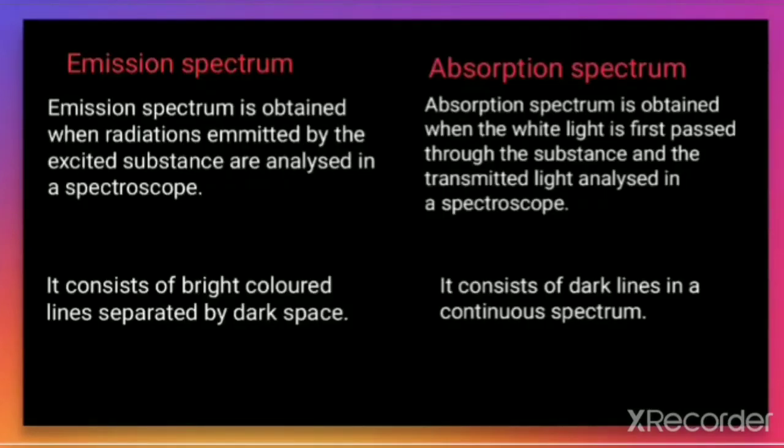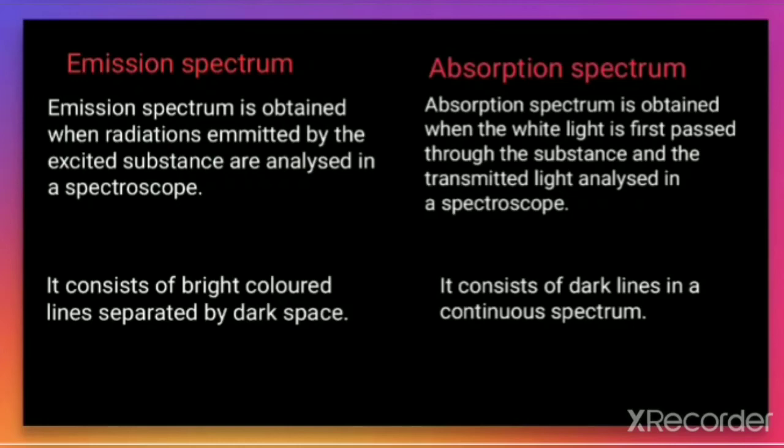Let us define emission spectrum and absorption spectrum. Emission spectrum is obtained when radiation emitted by the excited substance is analyzed in a spectroscope. And the absorption spectrum is obtained when white light is first passed through the substance and the transmitted light is analyzed in a spectroscope.